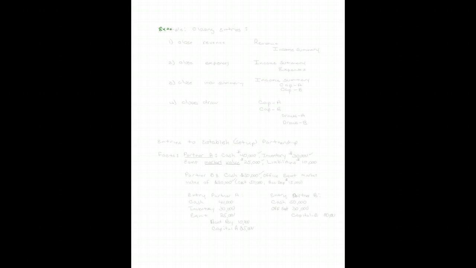I'm going to give you a little example of what I mean about more people involved by looking at how closing entries are the same and how they're different. You recall we have 4 closing entries. The first closing entry is supposed to close revenue. The second closing entry is supposed to close expenses.